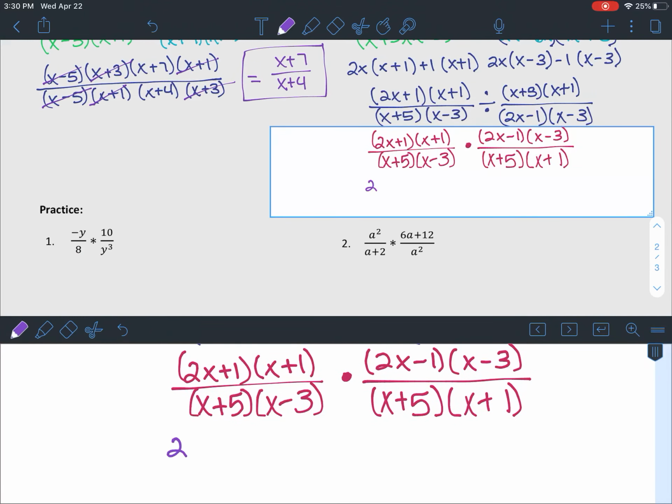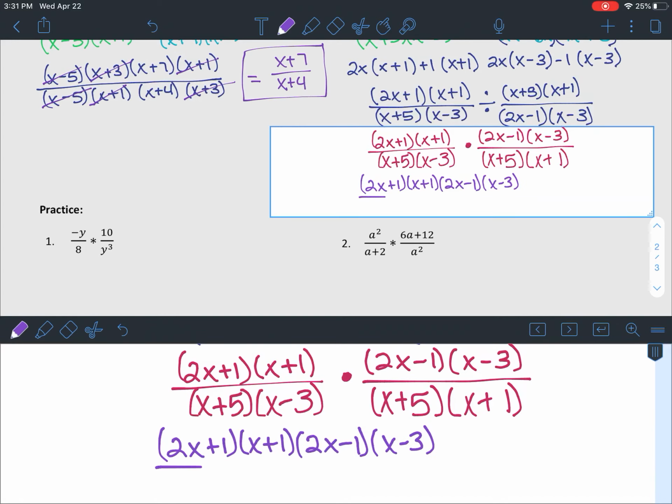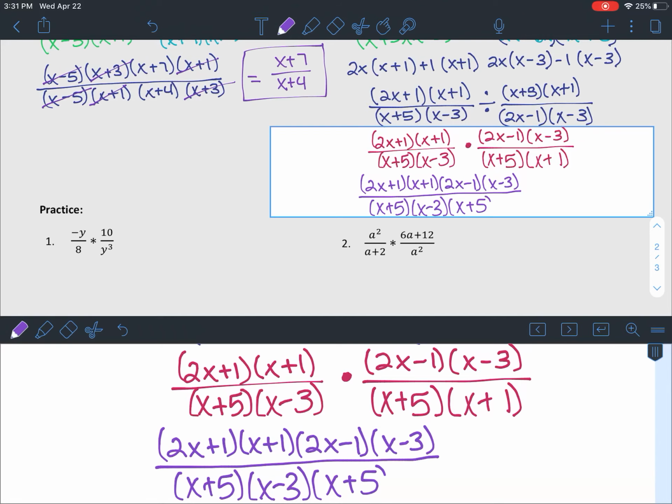Next, I'm going to combine and simplify. So when I combine, I get this on the top, and I get this on the bottom.